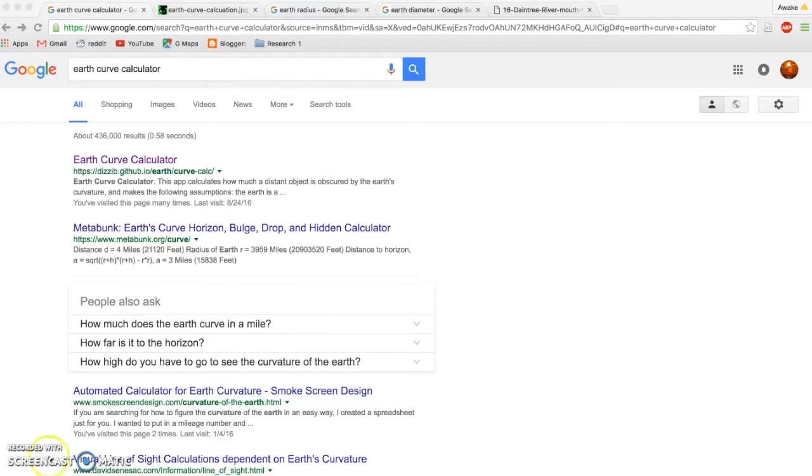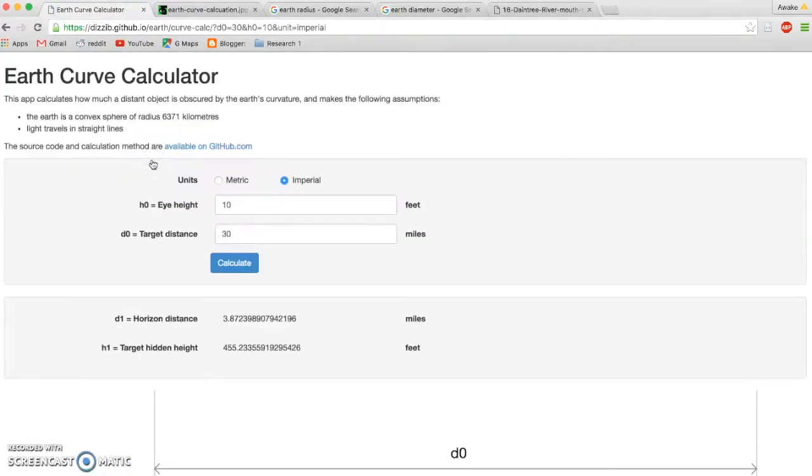So those numbers come from here. So we're back at the Earth curve calculator. We're going to check this out. We're going to set our eye height to 0 because we're looking at this from where the water of the river enters the Gulf, right down there at sea level. And the distance from the mouth of the river to my house in a straight line is 143 miles.